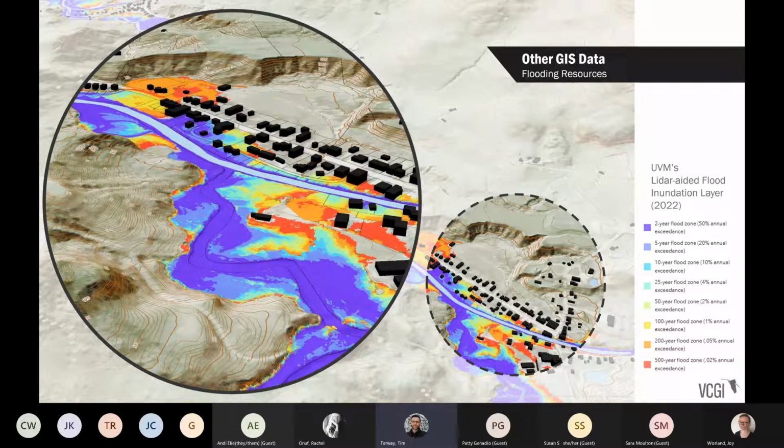This is a recent example in 2022, just made available a few months ago by our colleagues at UVM, who took the high resolution LiDAR data and developed a model for the entire Lake Champlain Basin to understand the relative risk exposure across different classes, right, to 2-year through 500-year flood exposures, and classified that on a map. And these are, again, not regulatory like D firms, but nonetheless, they are informational assets that are now available online in a relatively easy way.